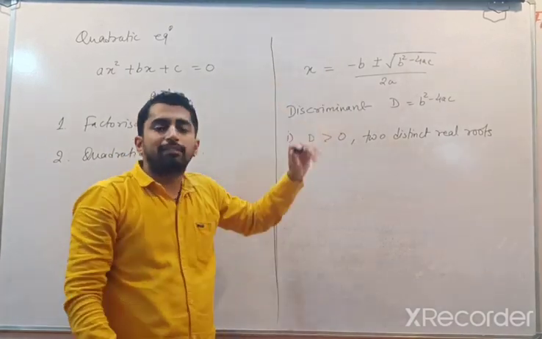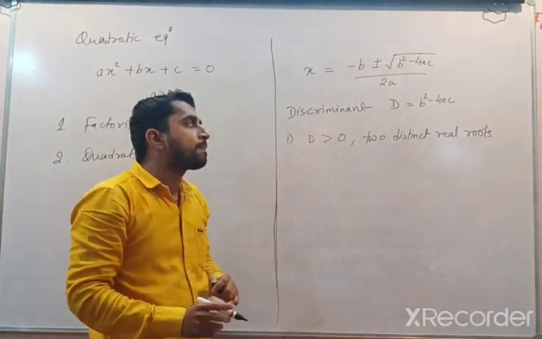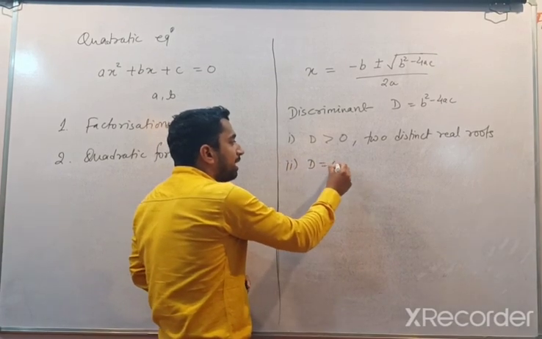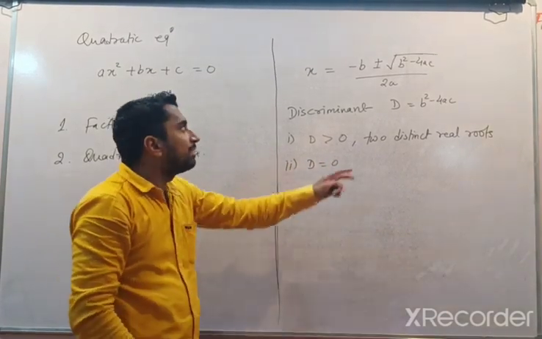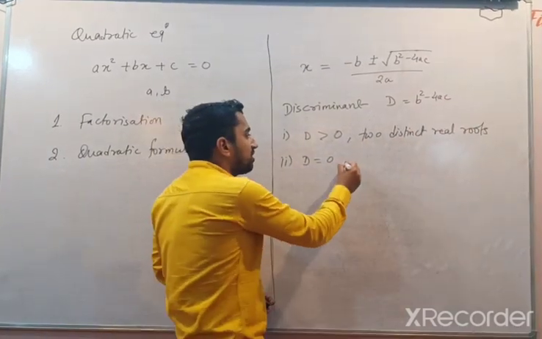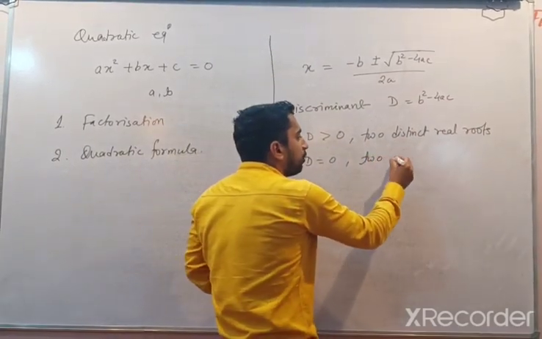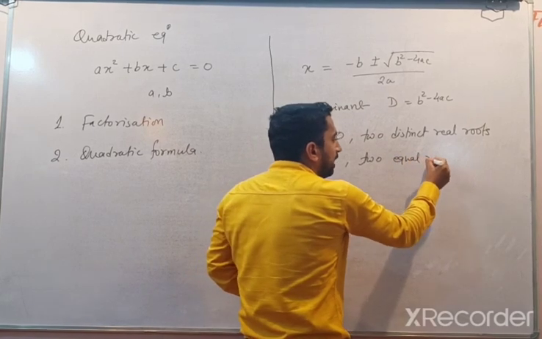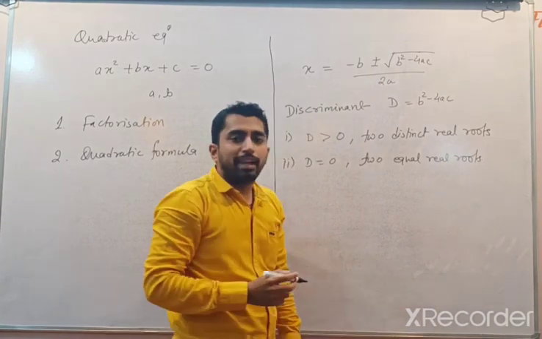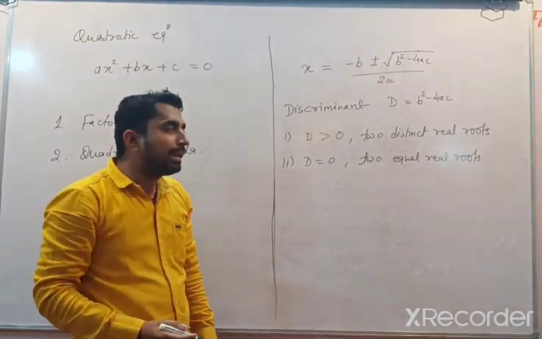The values of x will be two different real numbers. The second condition says that if you have discriminant equals to 0, that means there is no value inside the root, it is 0. So in such a condition, you will be getting two equal real roots. That means both the values of x would be same, they will be equal.